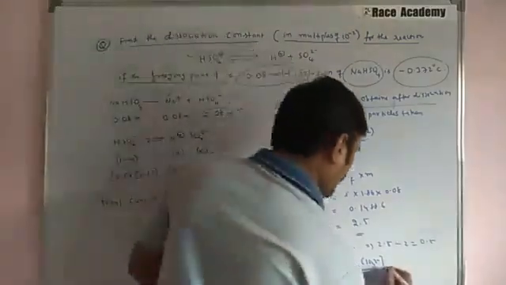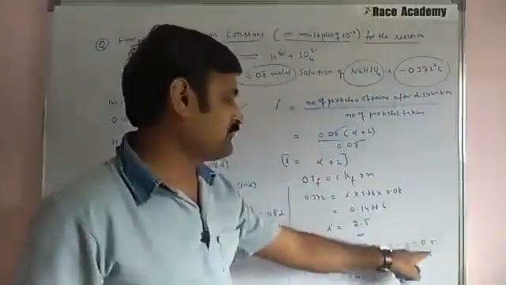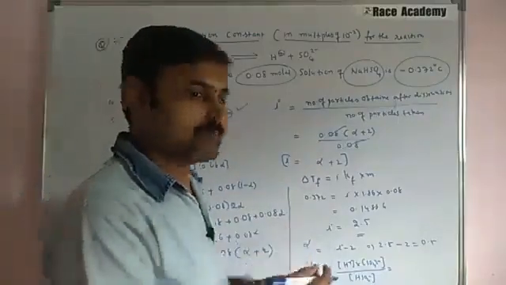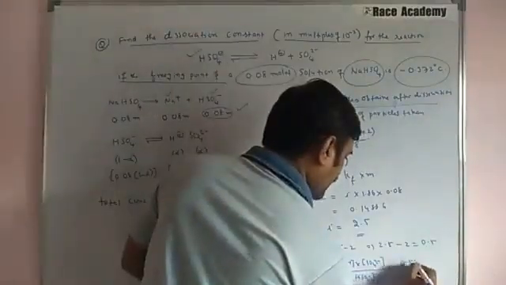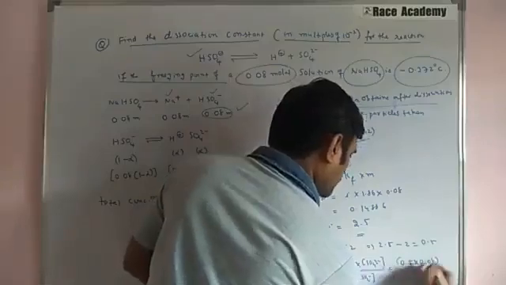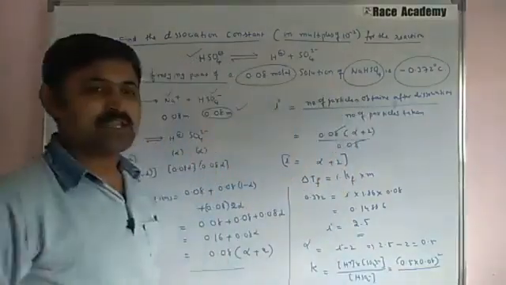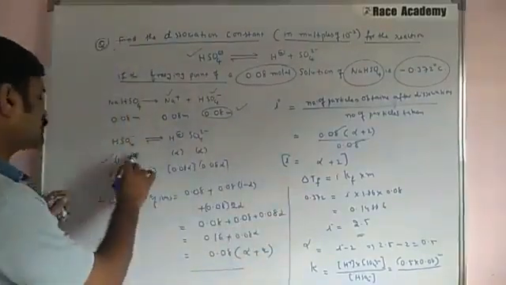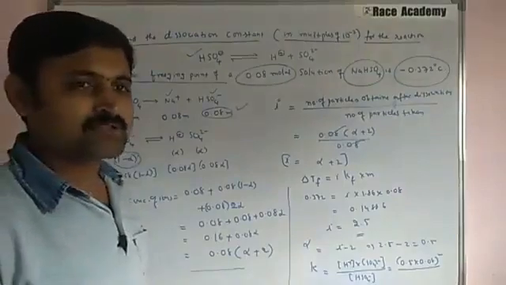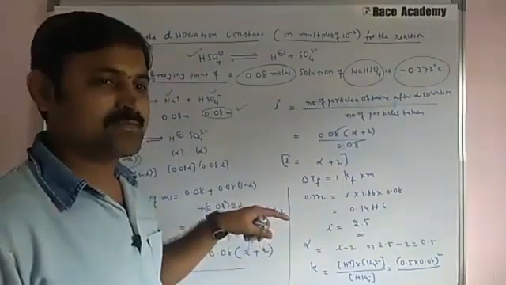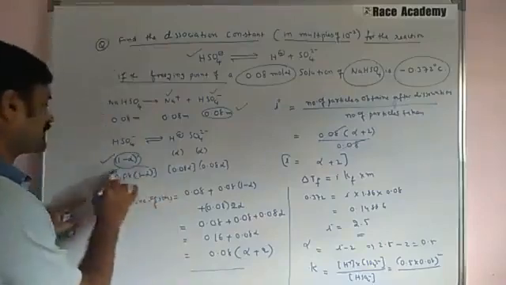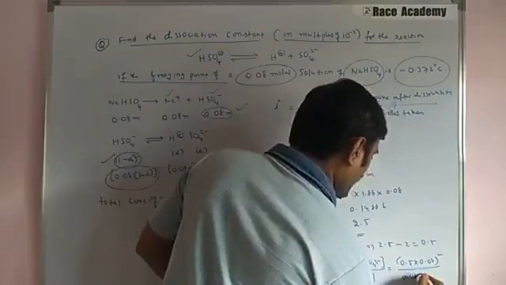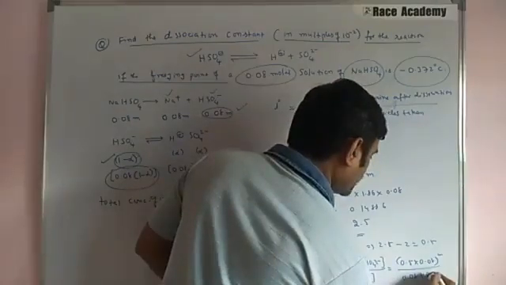So that is 0.5 into 0.08, and that same amount comes for sulfate also. So it is 0.5 into 0.08 whole square divided by the bisulfate ion concentration upon dissociation, which is 1 minus alpha, so 0.08 into 1 minus alpha.